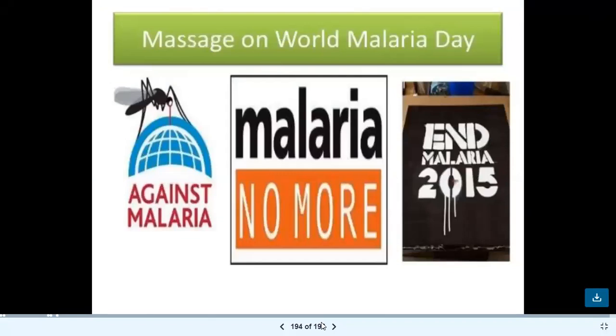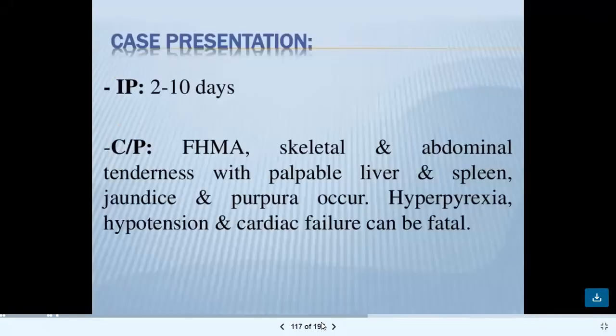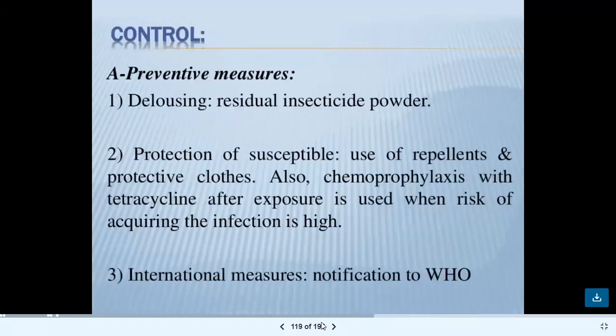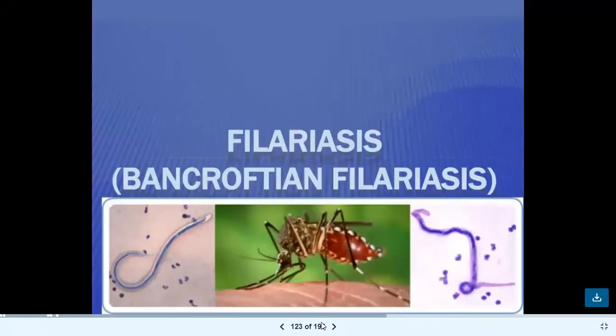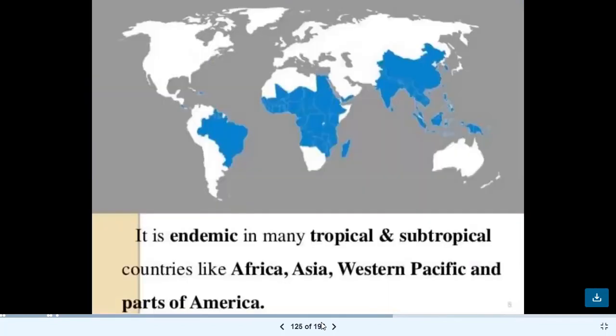Now let's talk about filariasis, also known as Bancroftian filariasis. It is endemic in many tropical and subtropical regions like Africa, Asia, the Western Pacific, and parts of America.